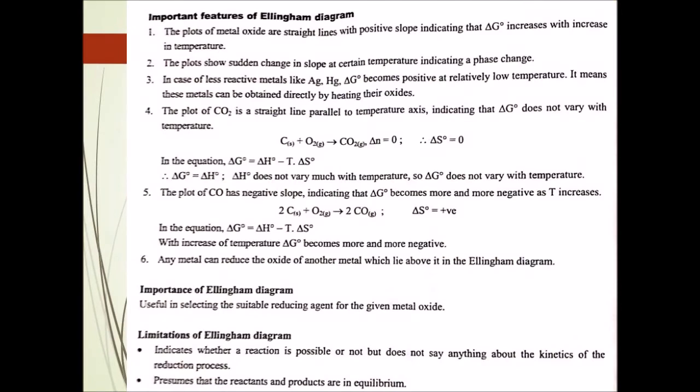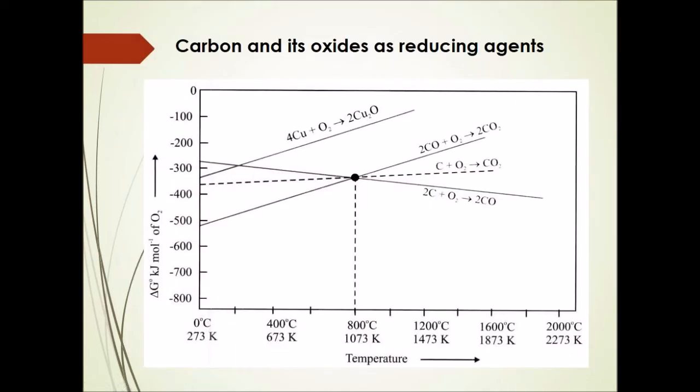Now you can find the important features of the Ellingham diagram and its limitations, which we just discussed. You can make a note of it for better understanding of the concept. Next example is the reduction of cuprous oxide. Here you can see the Ellingham diagram, that is the graph plotted delta G naught versus temperature.